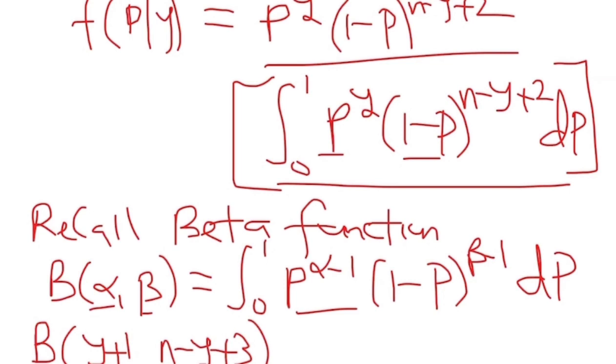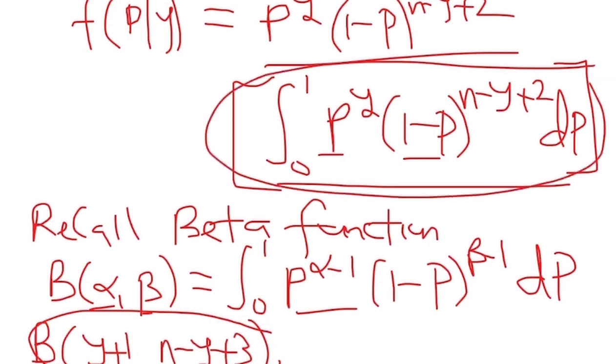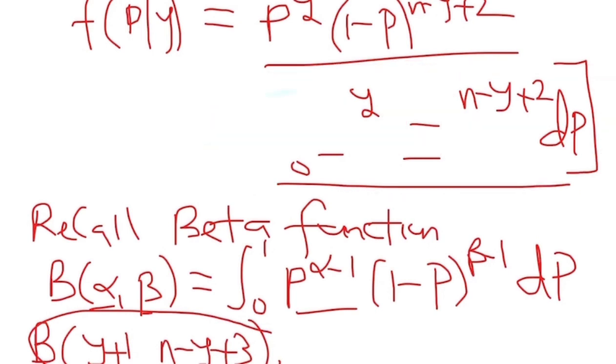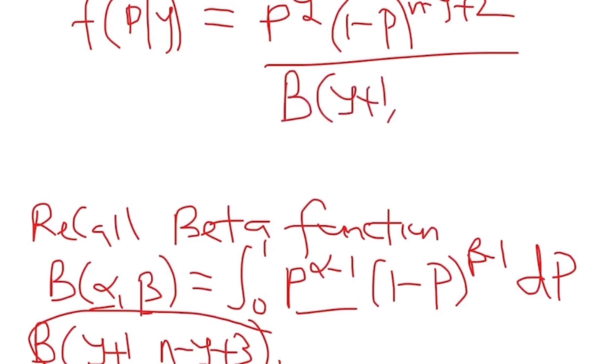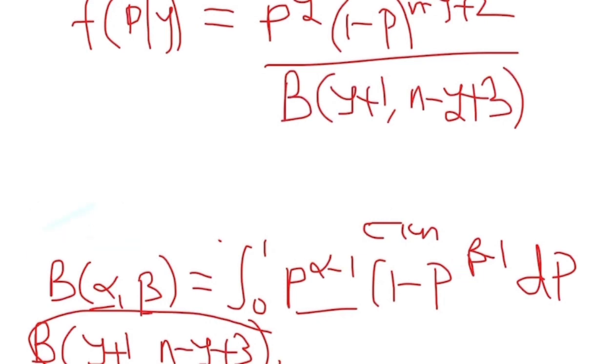This can replace this here. I'm going to clean it up and put that in: y plus 1 comma n minus y plus 3. Take a look at that. That is what I have right now.